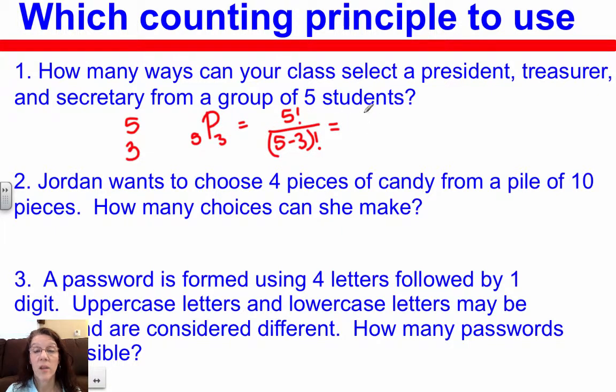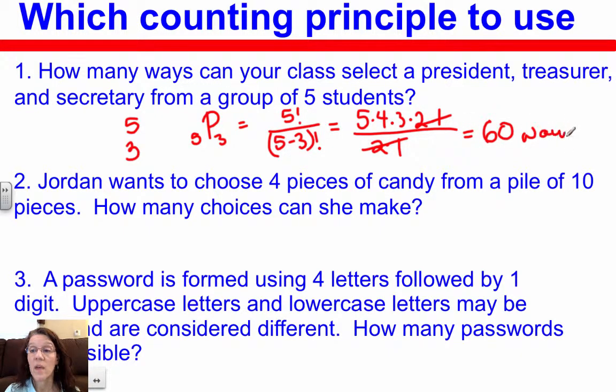Now, we know that 5 times 4 times 3 times 2 times 1 is 5 factorial, and we have 2 factorial in the denominator, so I can cancel those, and I get 12 times 5, which is 60 ways. Did you get that? Did you write out the ways, or did you figure out how to use your calculator?